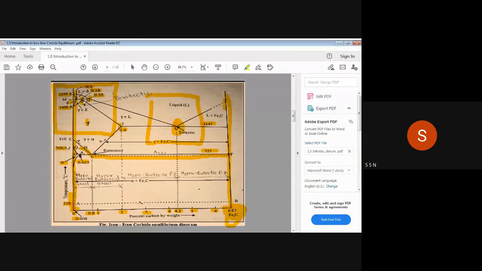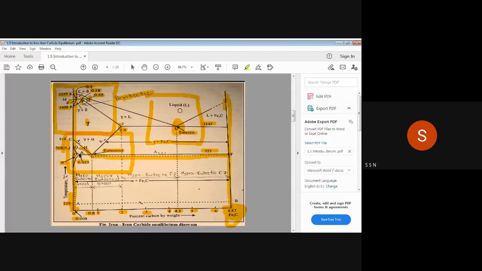Here peritectic reaction initially, then here the eutectic reaction. One more block I will draw here. At this third block, one more reaction is occurring, that is a eutectoid reaction. First the peritectic reaction, then the eutectic reaction, and third the eutectoid reaction.